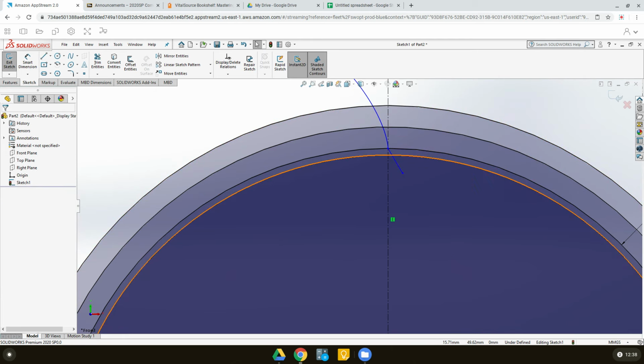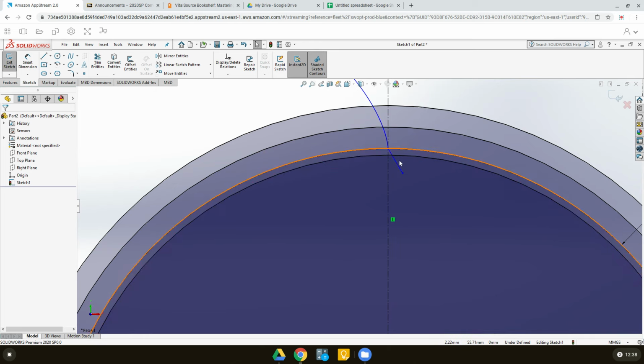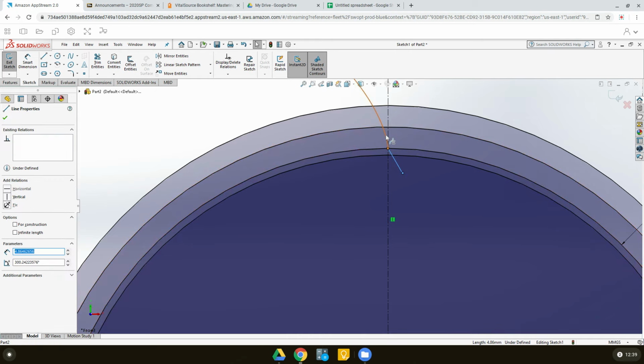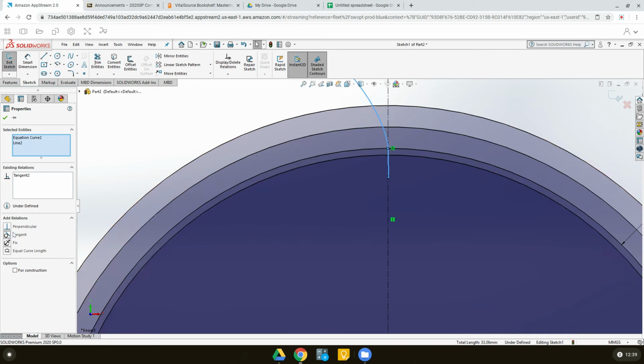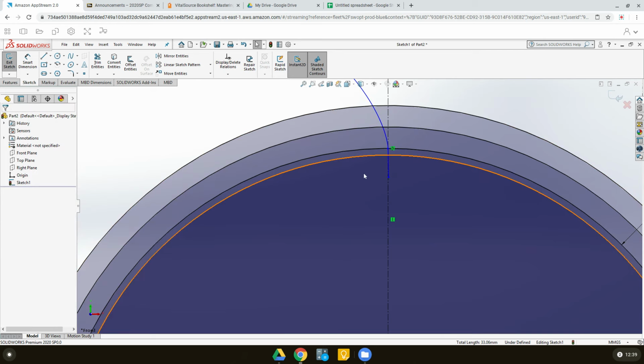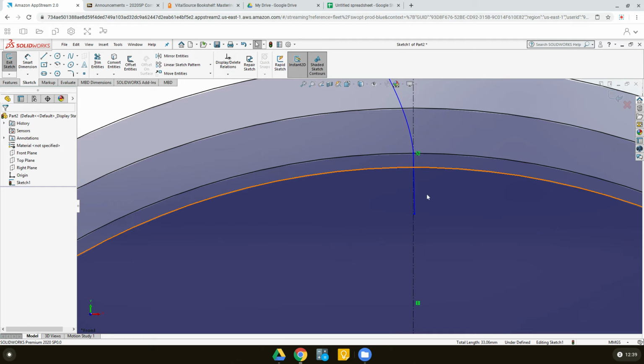And what we need to do is make that line tangent to this arc of the profile that we created. So using my control key, press and hold, I'm going to select this line and this arc and make them tangent. You have to be really zoomed in to see what's going on. So we have that.